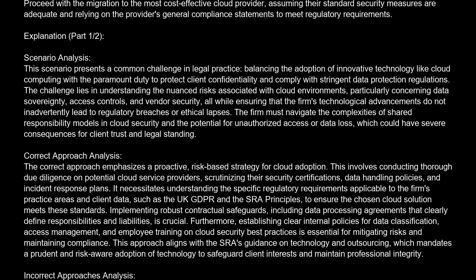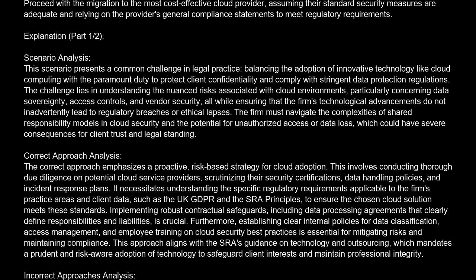The challenge lies in understanding the nuanced risks associated with cloud environments, particularly concerning data sovereignty, access controls, and vendor security, all while ensuring that the firm's technological advancements do not inadvertently lead to regulatory breaches or ethical lapses. The firm must navigate the complexities of shared responsibility models in cloud security and the potential for unauthorized access or data loss, which could have severe consequences for client trust and legal standing.